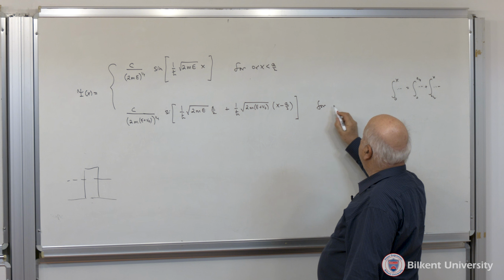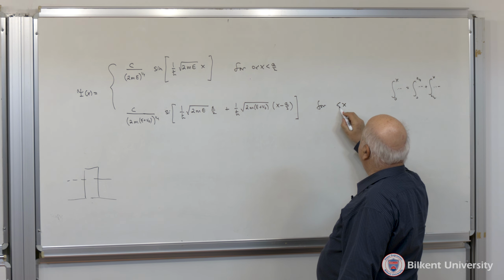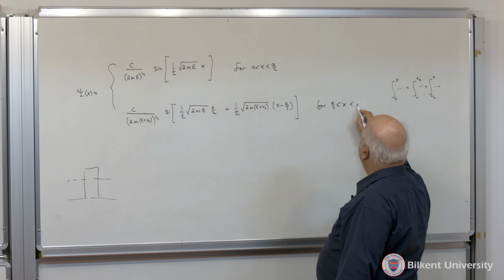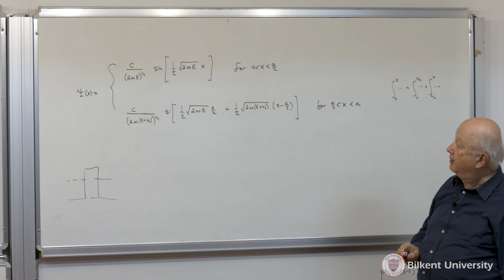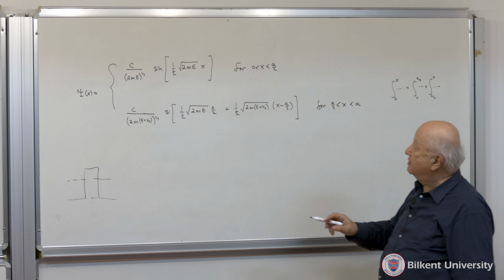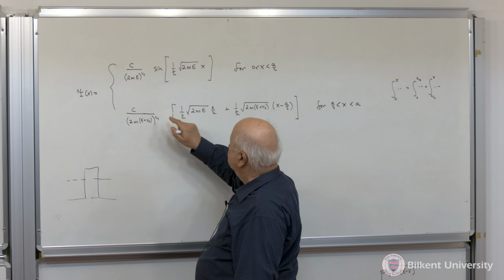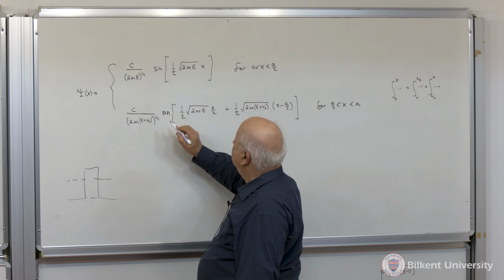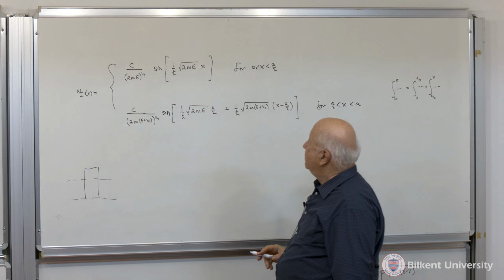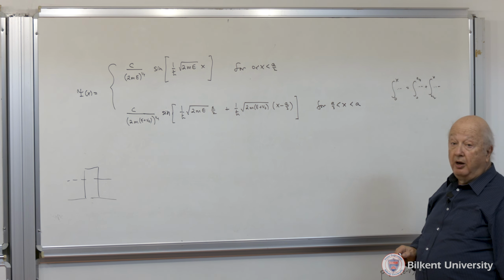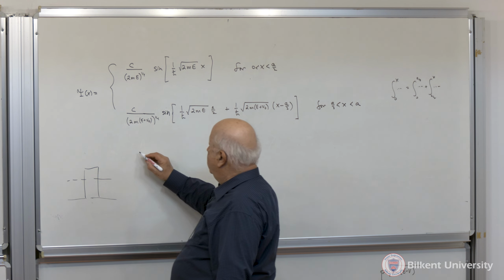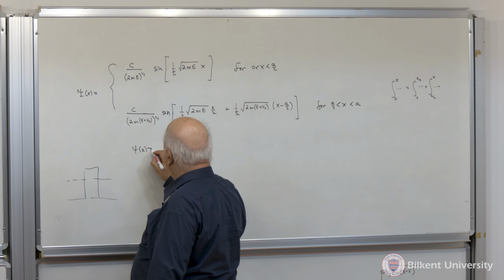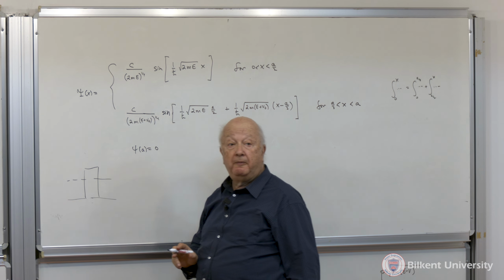So this is for x between a over 2 and a. This is sine; psi is a different function, right? Now, we want psi of a to be equal to 0.